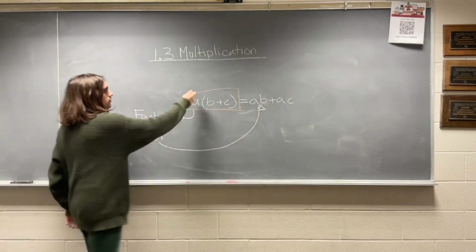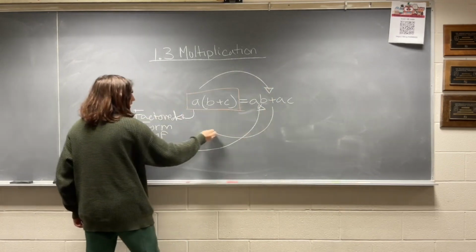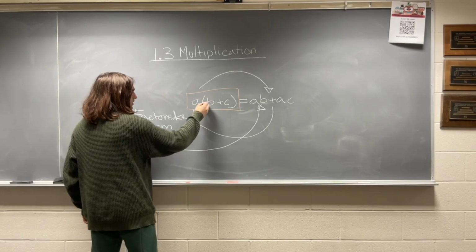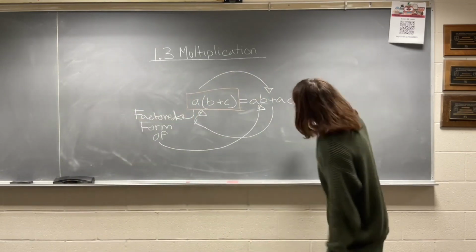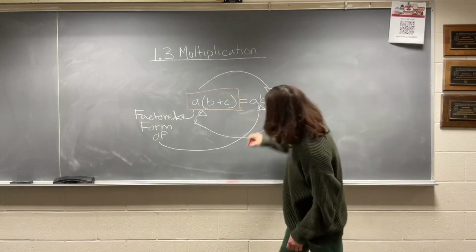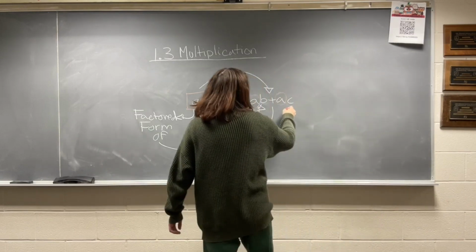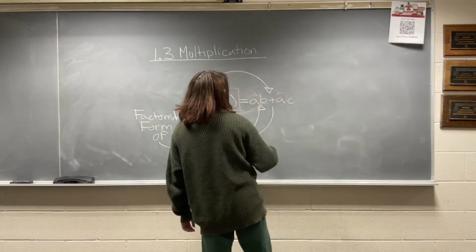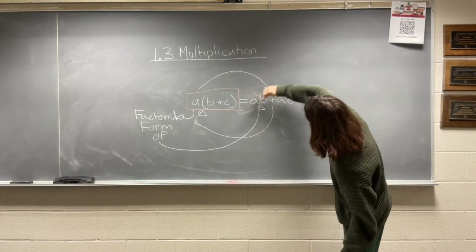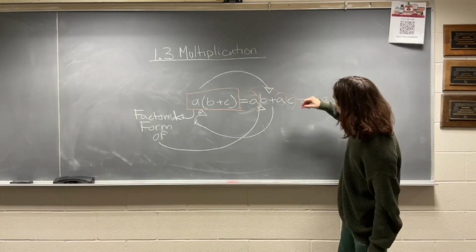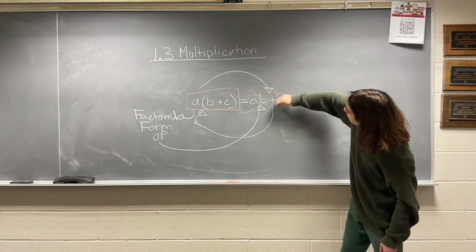So when we distribute, we turn it into this, and when we factor, we turn it into this right here, because we can factor out this a. We can say these numbers both have a, so I can bring this a onto the outside, and when I bring the b and the c inside a parentheses, we have b plus c, since we factored out our a.